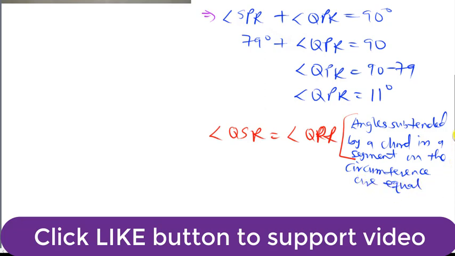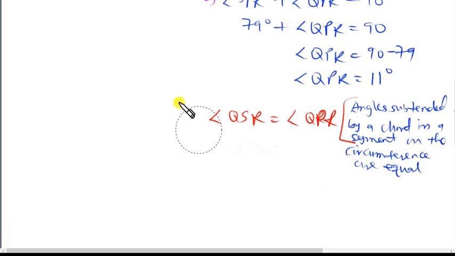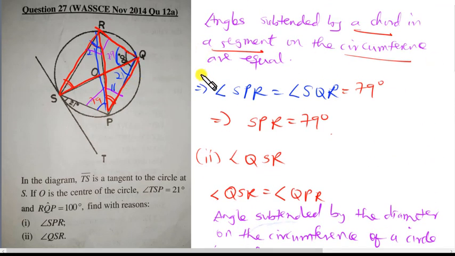All right, so this implies that the angle QSR, which is equal to QPR, is equal to 11 degrees. So here we apply some circle theorems. The fact that when a chord passes through the center, that is the angle subtended by the diameter is 90 degrees.